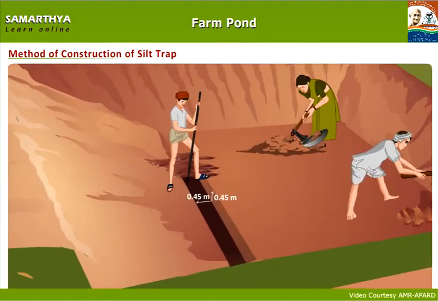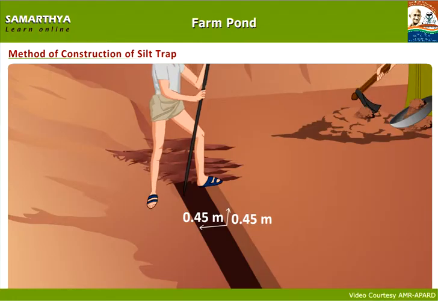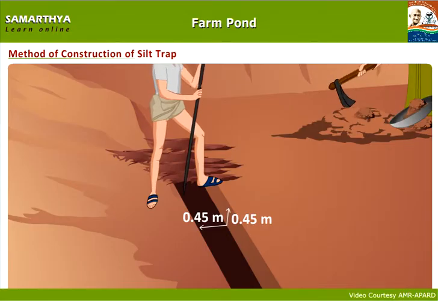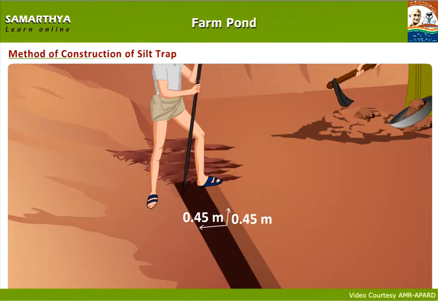A trench for the toe wall of 1.5 feet into 1.5 feet, that is 0.45 meters into 0.45 meters, has to be dug out at the inlet side at the base of the pound.